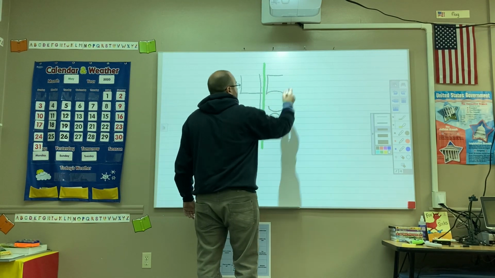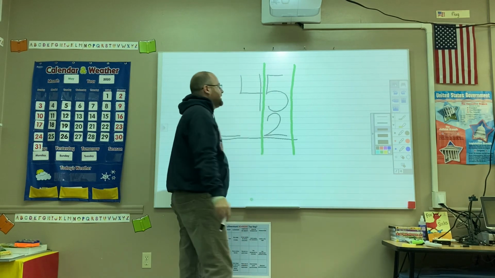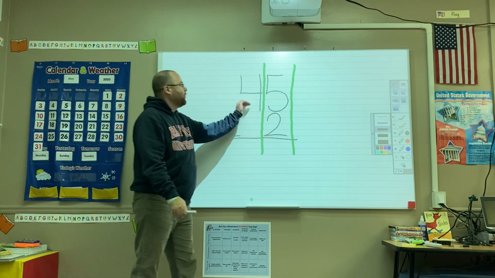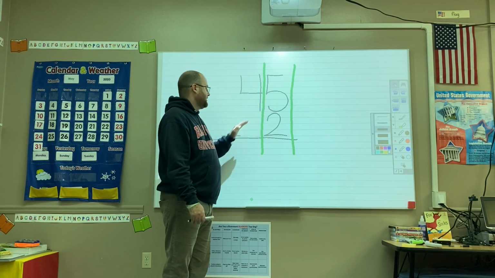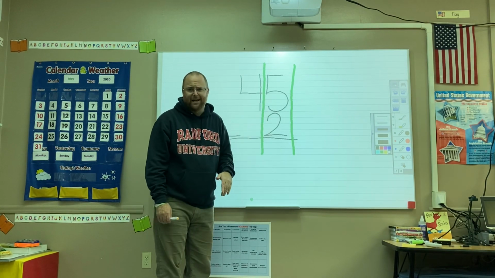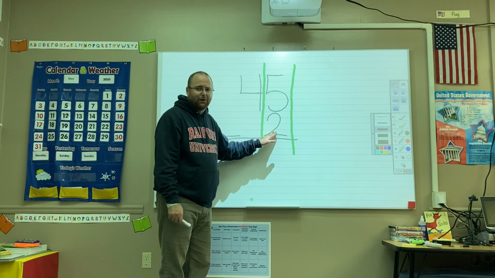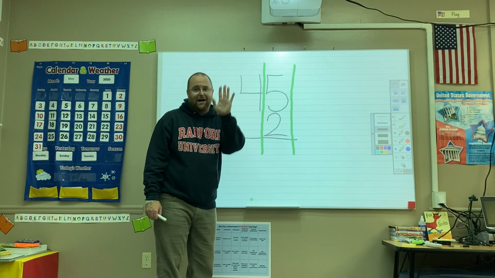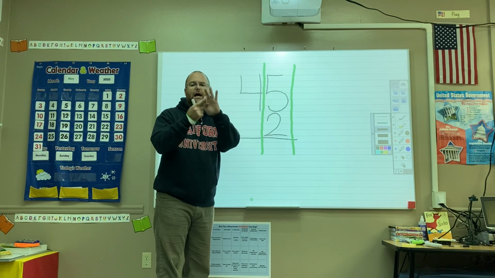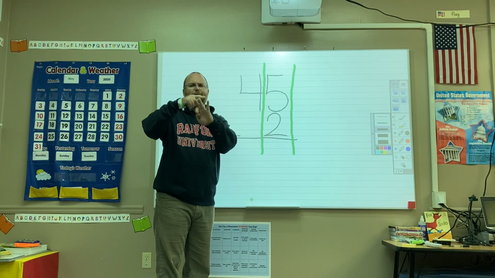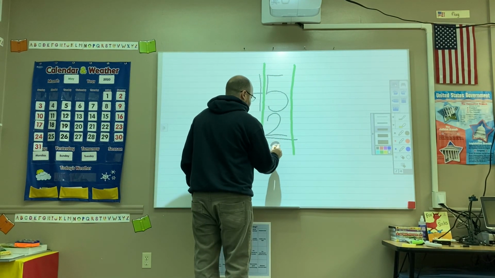Now, instead of 45 minus 2, I'm saying 5 minus 2. That's a piece of cake. 5, like high five, 5 minus 2. 1, 2. How many do I have left? 1, 2, 3. That was easy. That is 3.